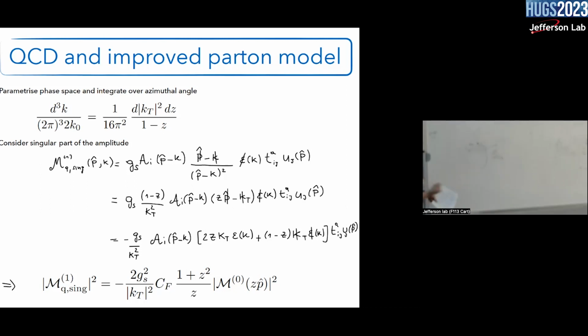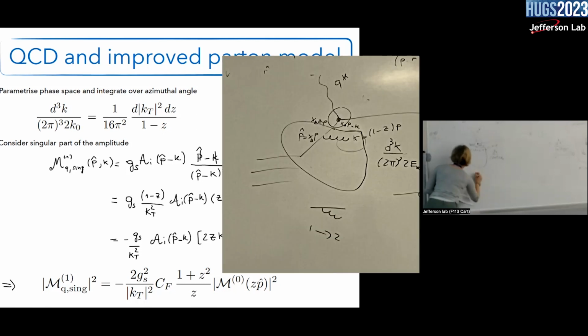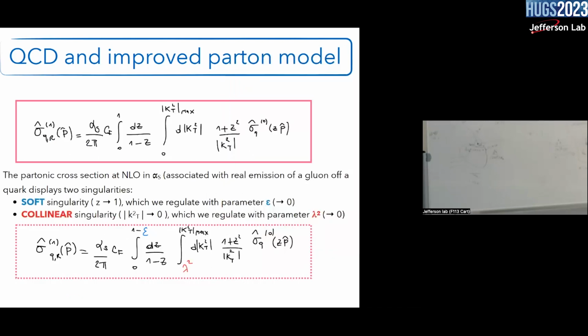So what I call M1 is the matrix element of this times the matrix element of just the emission. So it's a matrix element of 1 to 2: one quark that splits into a gluon and a quark.